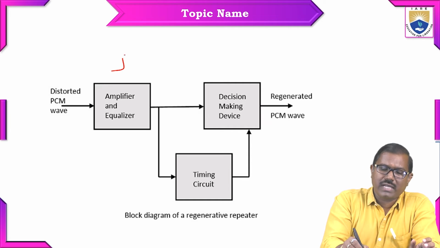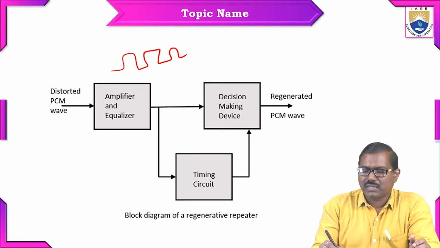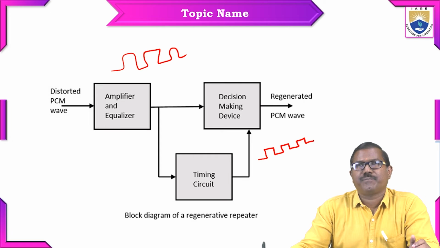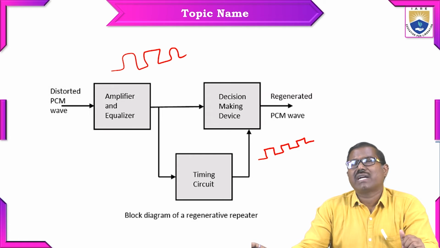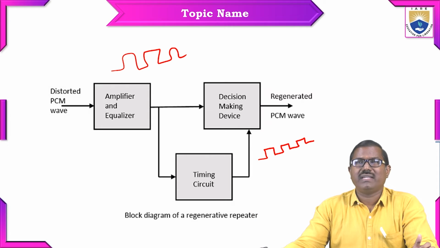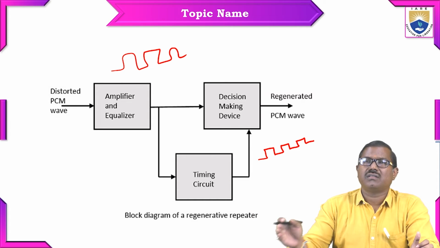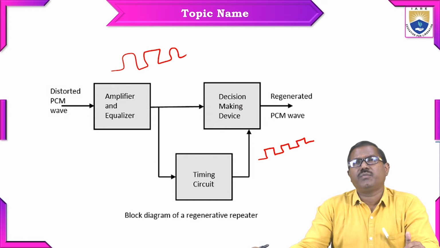These pulses are going to be compared with a periodic pulse train, and the decision is taken at the device. Finally, a new clean pulse is generated for the next regenerative repeater. Why? These regenerative repeaters are forming a chain, so for every 50 kilometers, these repeaters are placed.